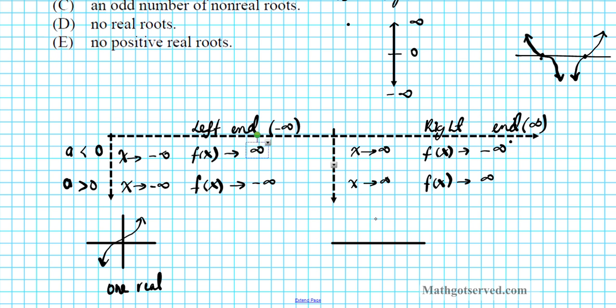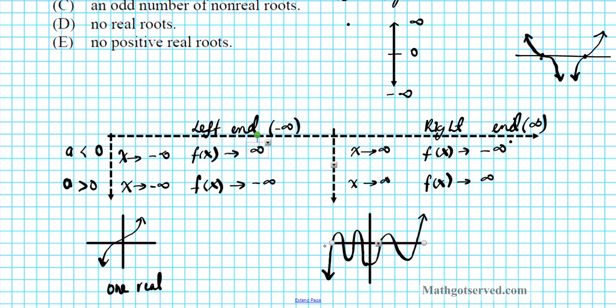Now, you can do 2, 3, 4, all the way up to 7. Just to save time, let me show you what it looks like for 7 real roots. Assuming a is greater than 0, you're going to have going from here 1, 2, 3, 4, 5, 6, 7. The maximum number of turns you can have, because the degree is 7, is 6.